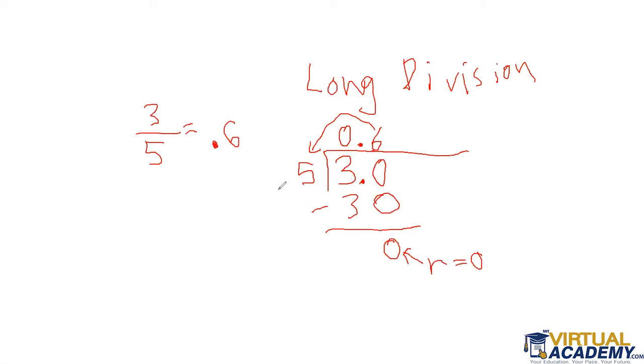So that was a rather more straightforward example. Let's do another example. Okay, I'm going to clear the board here. The next fraction we're going to be doing is 3/8, okay? So again, we do a division sign. The 3 is on top, so 3 goes inside.